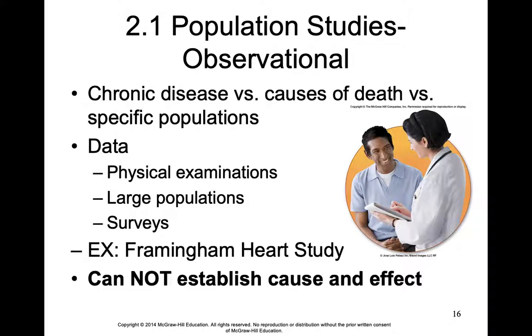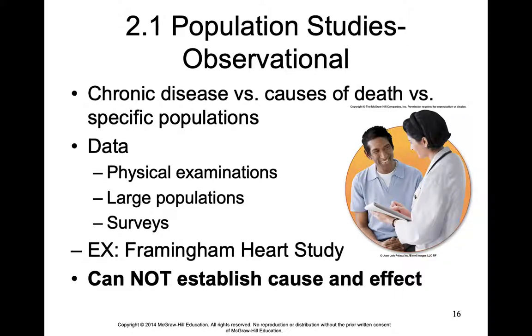So surveys can include personal histories, medical histories, dietary practices, environmental exposures, and there's a whole huge set of data around these large population studies. A great example of this is the Framingham Heart Study. This began in 1949 in Framingham, Massachusetts.